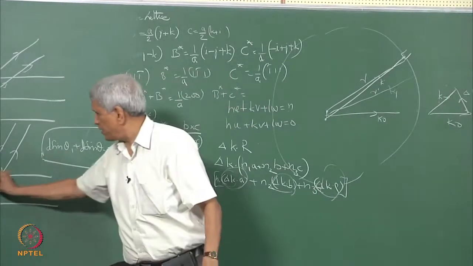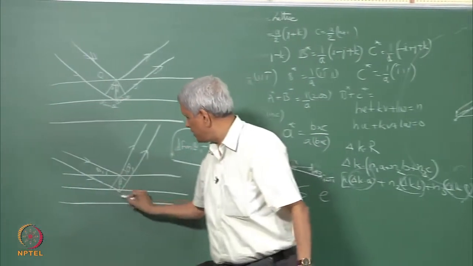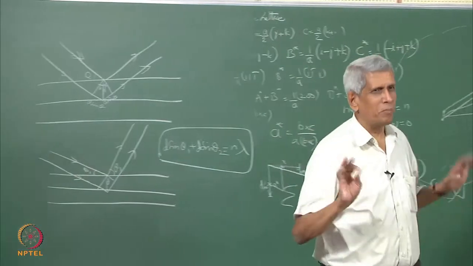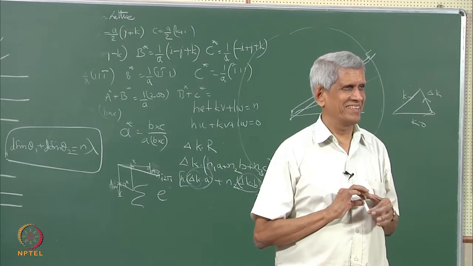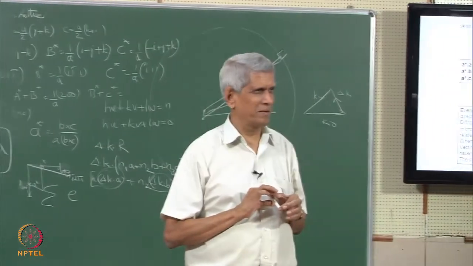What is essentially important is that the total path difference has to be a multiple of n lambda. That's what the diffraction condition says. You understand that?